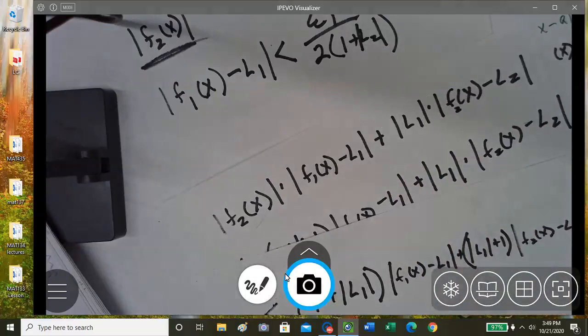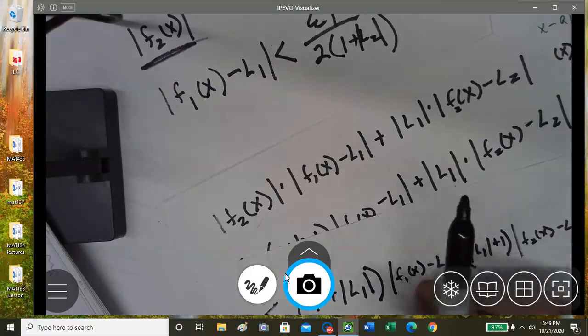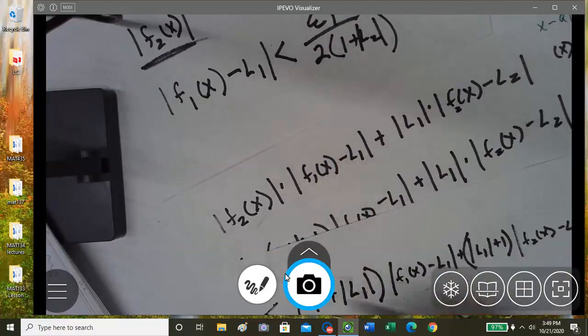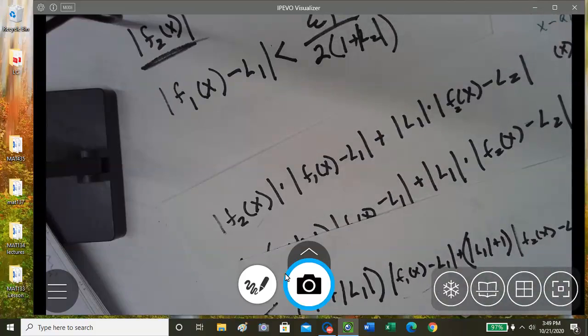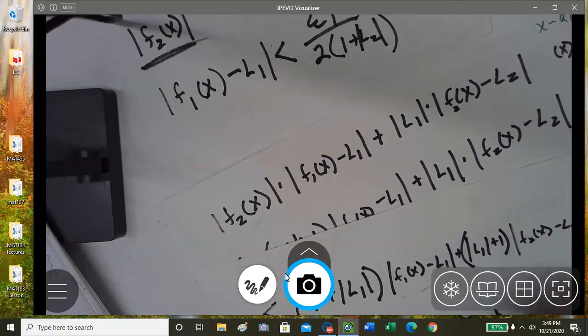So this whole equation is going to be less than this one here, because this is less than epsilon. So this will be 1 plus the absolute value of L1 times, and so we're going to substitute for f1 x minus L1 epsilon 1 over 2 times 1 plus absolute value of L1 plus, and then absolute value of L1.